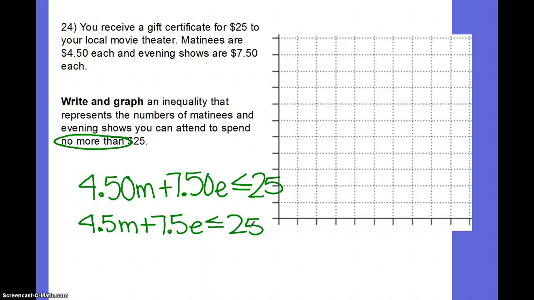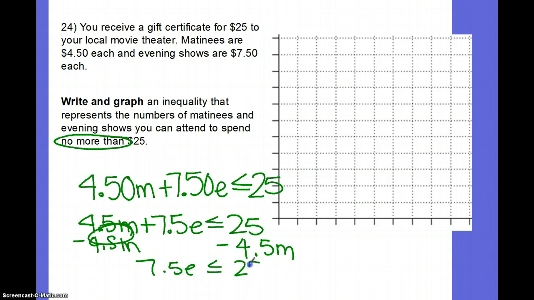So if you subtract 4.5m and get e by itself, you'll divide out 7.5 on each one of these, and you end up with 3.3 repeating for the y number here.